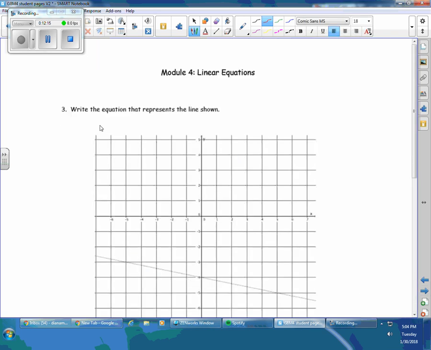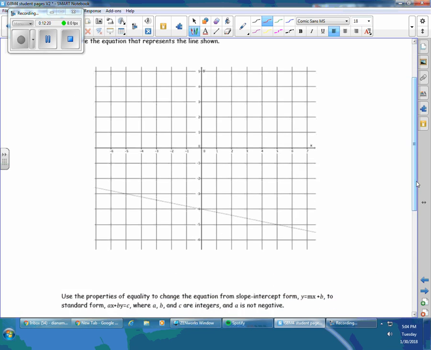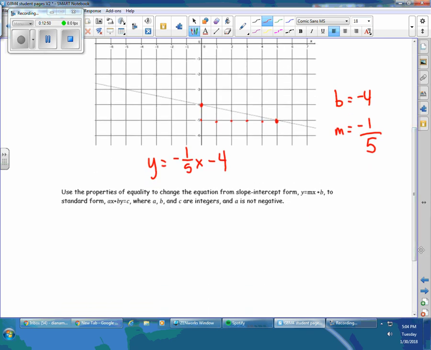Next one, write the equation that represents the line shown. So please pause the video and write this equation. Okay, y equals negative 1/5 x minus 4 should have been the equation that you came up with.